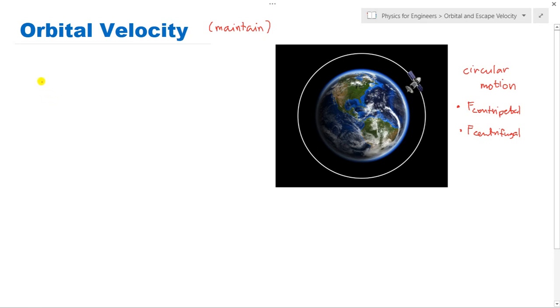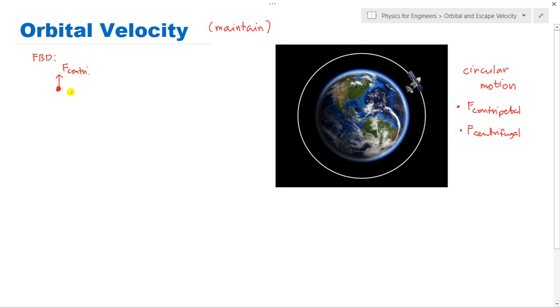So in order to derive the orbital velocity, we just draw their FBD, their interaction. We all know, let's say this is the satellite, then what pulls it inward so that it does not fall back is what we call the centripetal force.